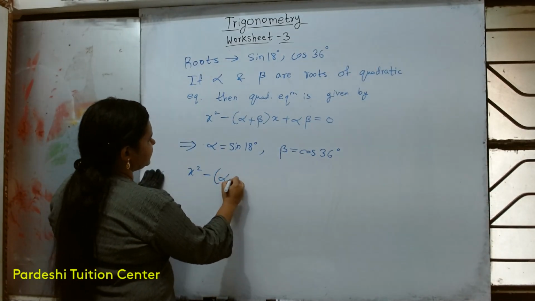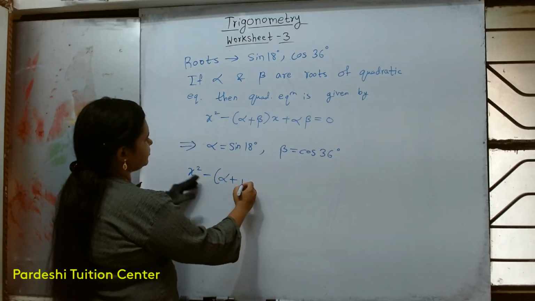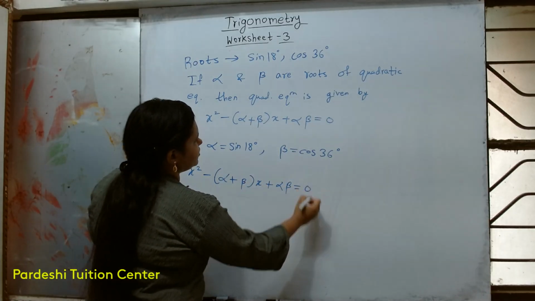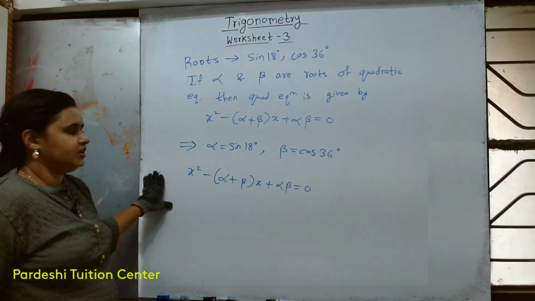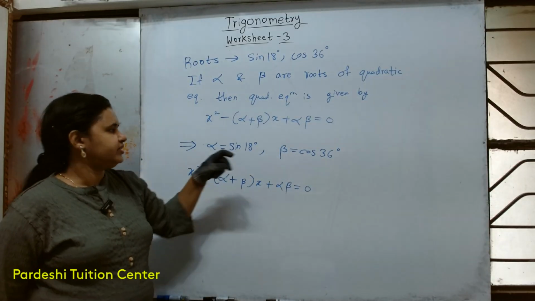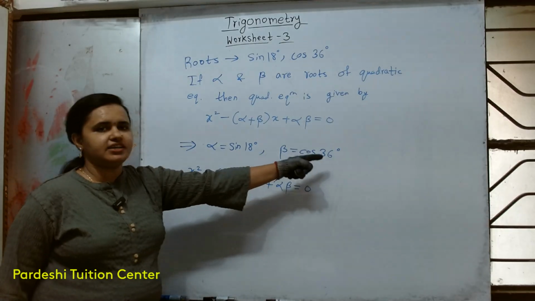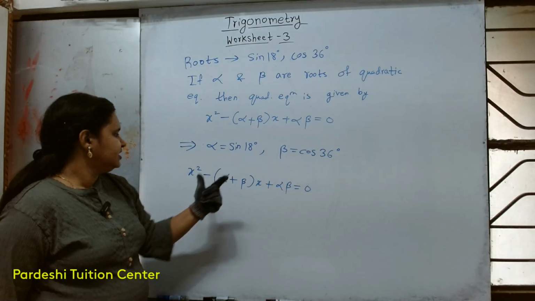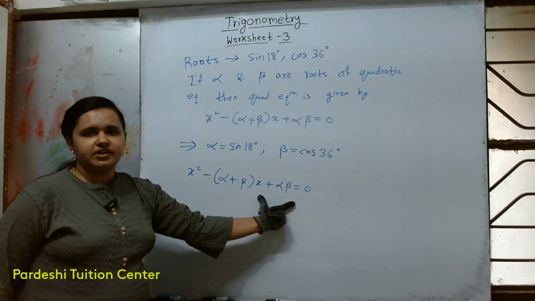I will write it again, x square minus alpha plus beta into x plus alpha beta equals 0. Now, I will just put in the values of alpha and beta. I have taken alpha as sin 18 and beta as cos 36. If these are the two roots of the equation, then this will be our quadratic equation.